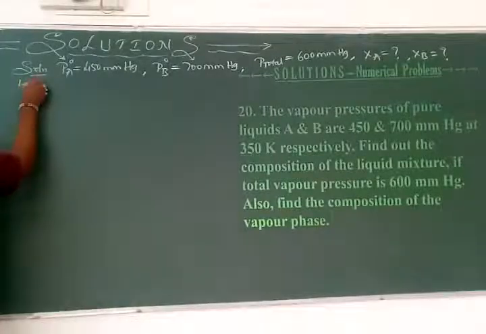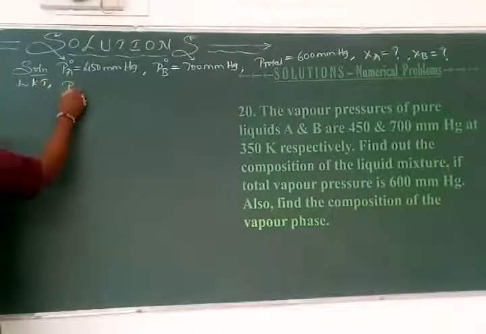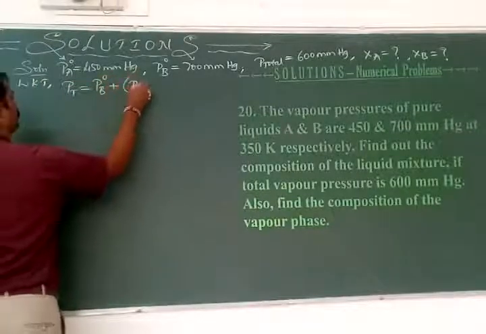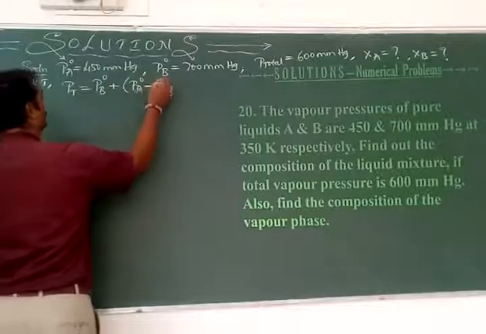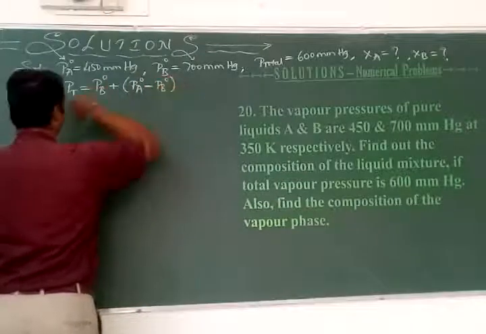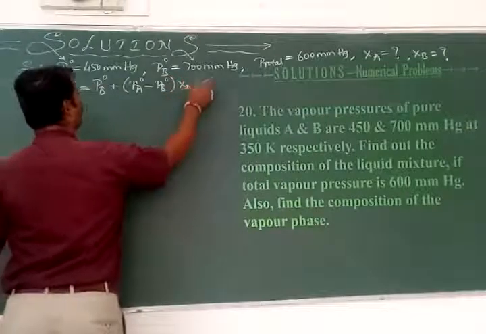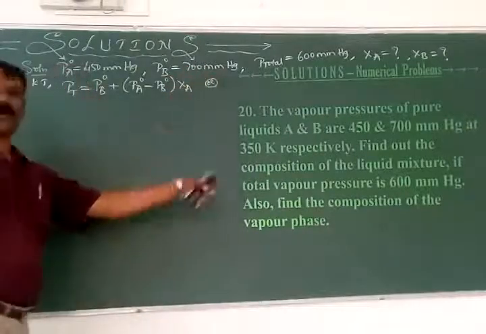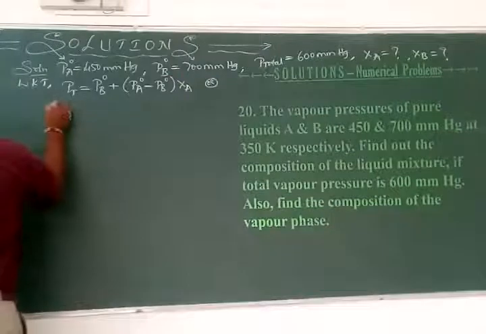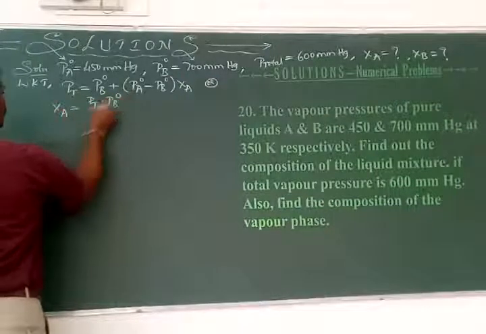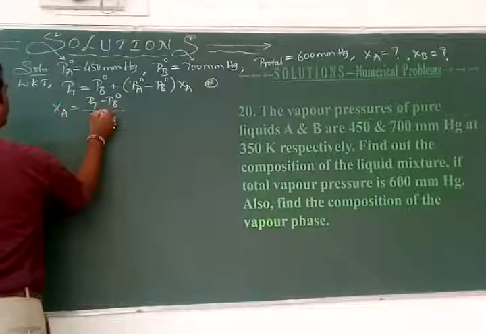What's the formula? Directly I will write the previous formula. P total is equal to PB naught plus (PA naught minus PB naught) into XA. Or directly, as previously done, XA is equal to PT minus PB naught divided by PA naught minus PB naught.